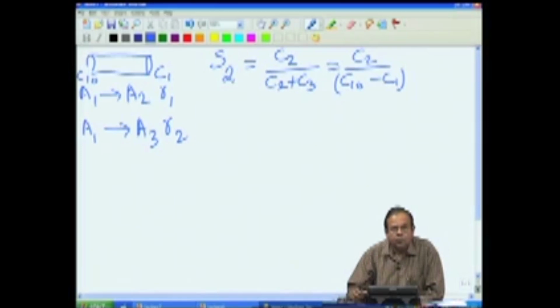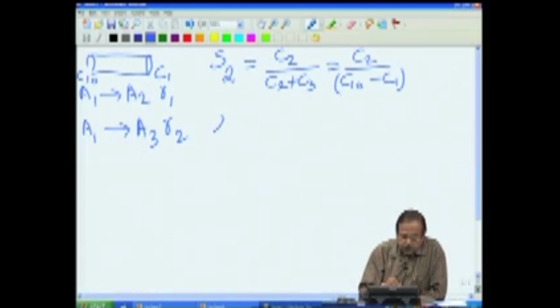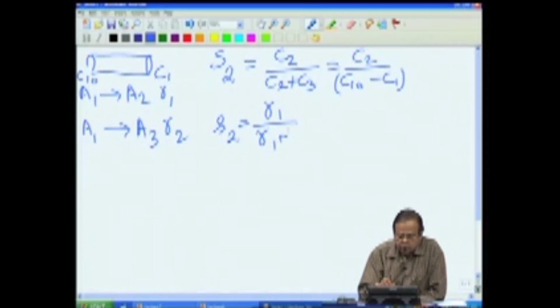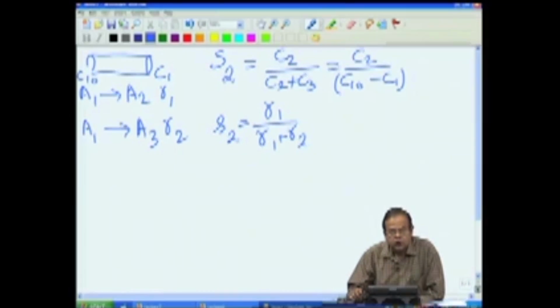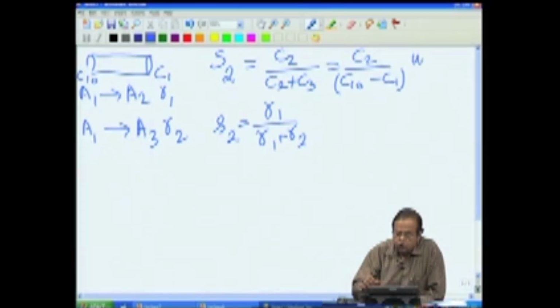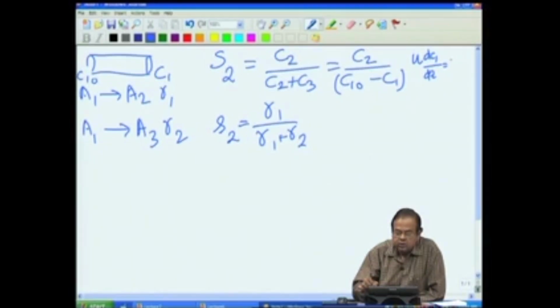Now let us try to see how this overall selectivity is related to the point selectivity. Okay. So, our point selectivity as we defined earlier was R1 by R1 plus R2, which if we use our mass balance equations, for example, U dC1 dz as the consumption of species 1.